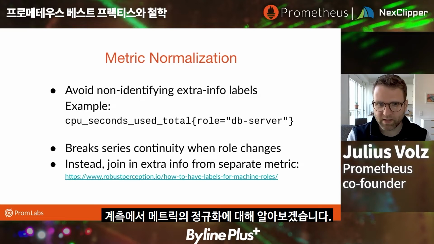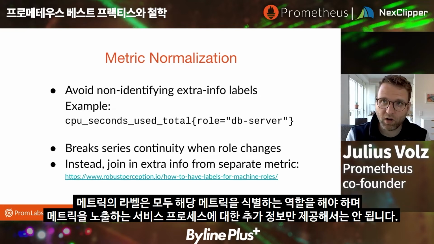Let's talk about normalization of metrics. In general, in your instrumentation, the labels on a metric should all serve to identify that metric and shouldn't just be there to give you extra information about, let's say, the service process that is exposing the metrics.